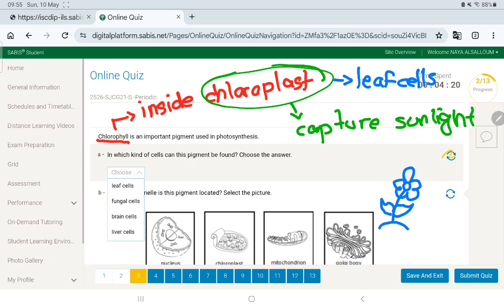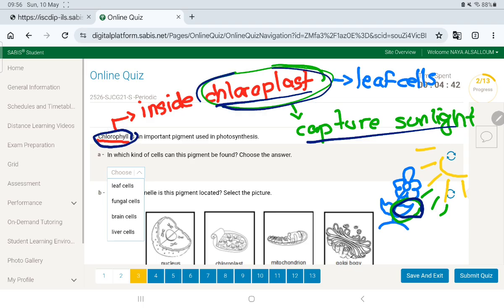When the sunlight comes, it's not like the petals are going to absorb the sunlight or the roots, but it will be the leaves that absorb the sunlight. So if the leaves capture the sunlight, then obviously the chloroplast is found in leaf cells. And if chlorophyll is found in the chloroplast, then the chlorophyll is also in leaf cells.